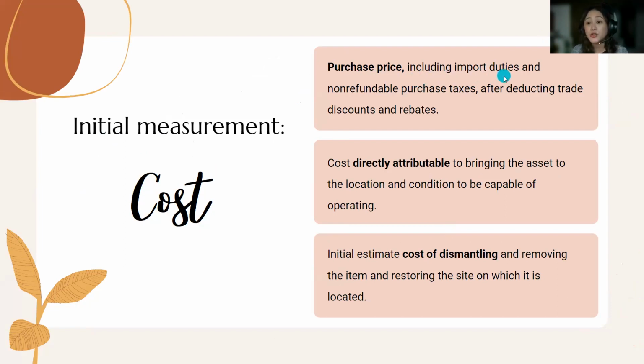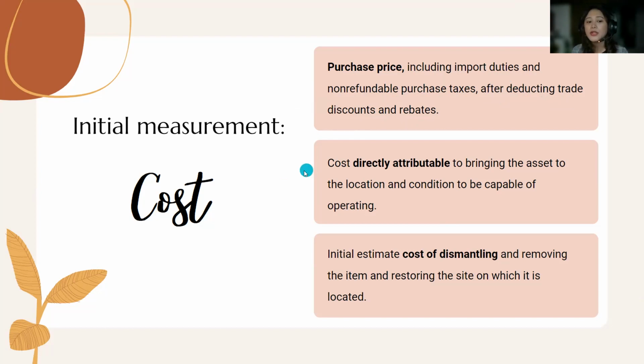Tapos, meron import duties. Sabi dito, ang cost will include import duties and non-refundable purchase taxes. So, hindi lahat ng taxes ay included sa cost. Pero yung mga non-refundable, kumbaga binayaran mo 'to and hindi mo na ma-refund, treated as cost na siya. Then i-deduct mo yung mga trade discounts and rebates.